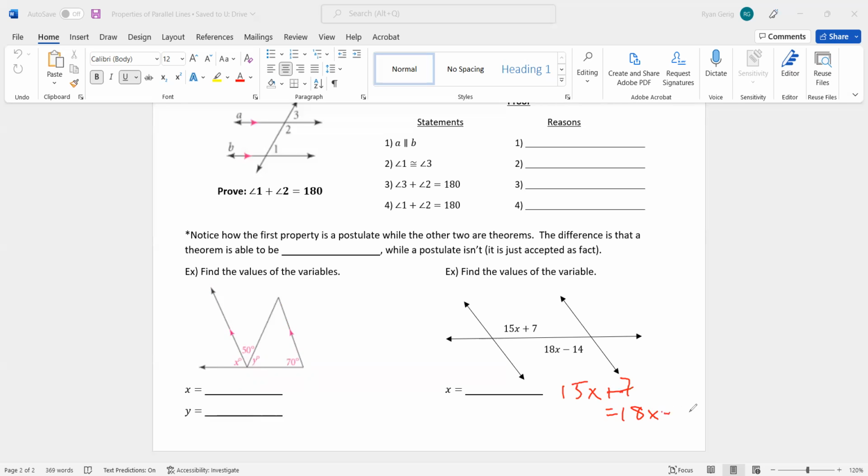Problem is, you're assuming something that hasn't been shown yet. That equation is only true when the lines are parallel. Right now, yes, these are still alternate interior angles. They are. However, there's no relationship because the lines are not parallel. There's nothing that shows the lines are parallel. So I can't find x at this point.